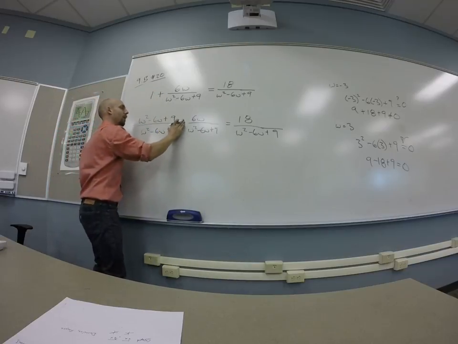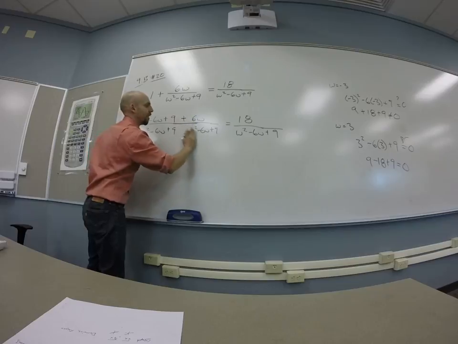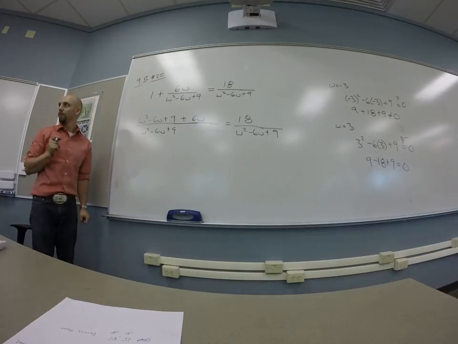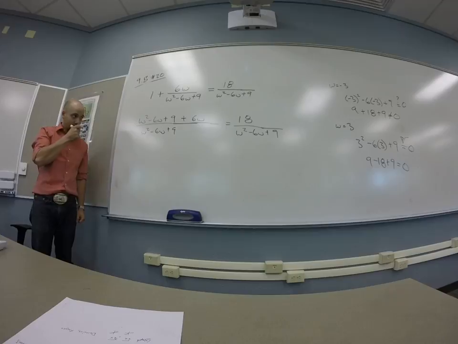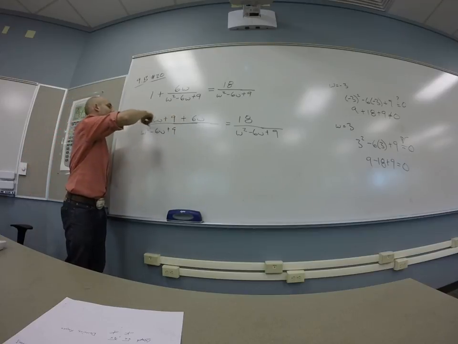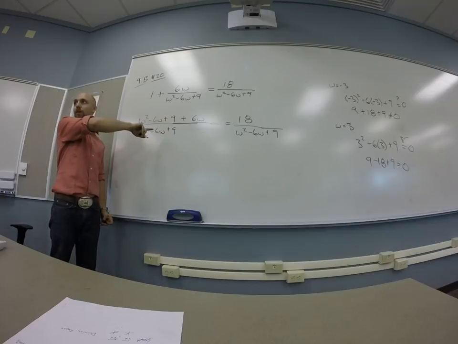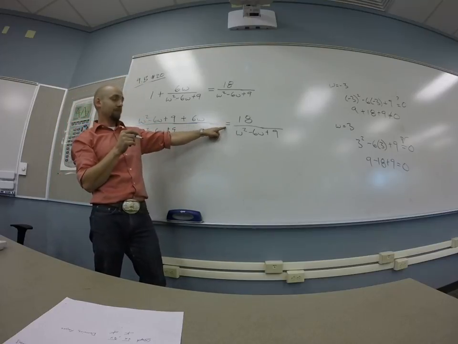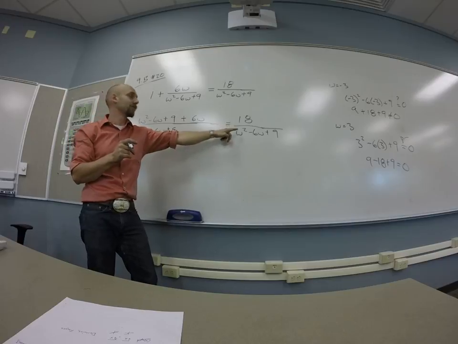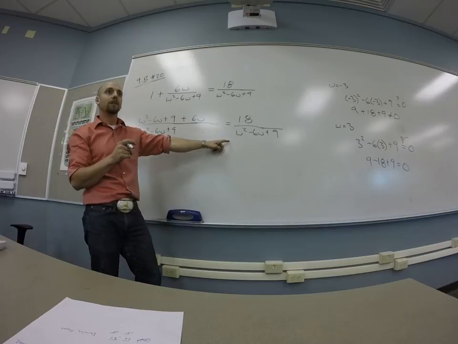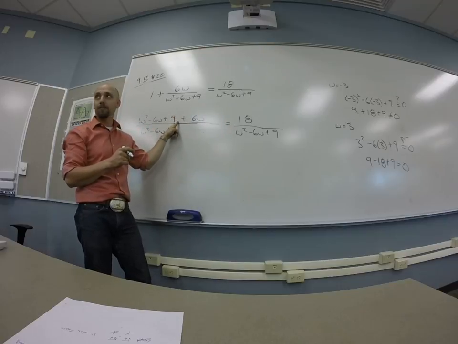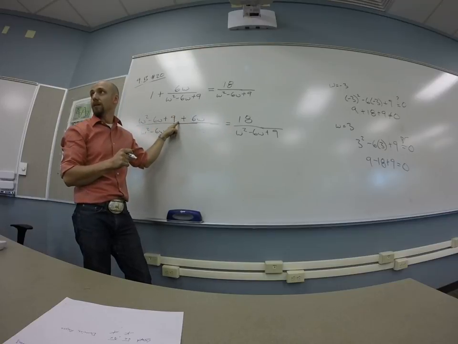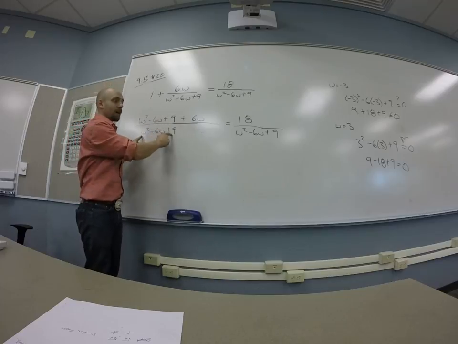And I would say, oh, well, this piece I can rewrite this way, over the same bottom. And now this is some number of w squared minus 6w plus 9ths, and this is apparently, because it's an equal sign and the bottoms are the same, this 18 must actually be this thing. You guys see that's equivalent to multiplying by the bottom?